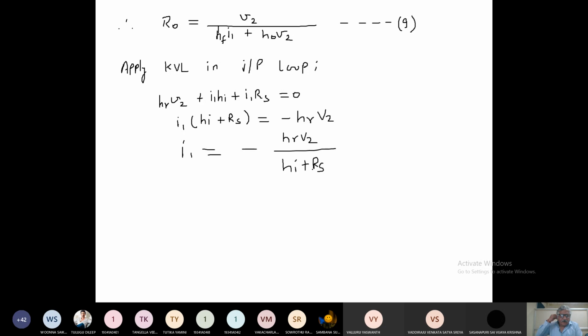This expression is number 10. This expression of I1 I will put there, and finally I will find out the value of R0. From here we will continue in the next class.